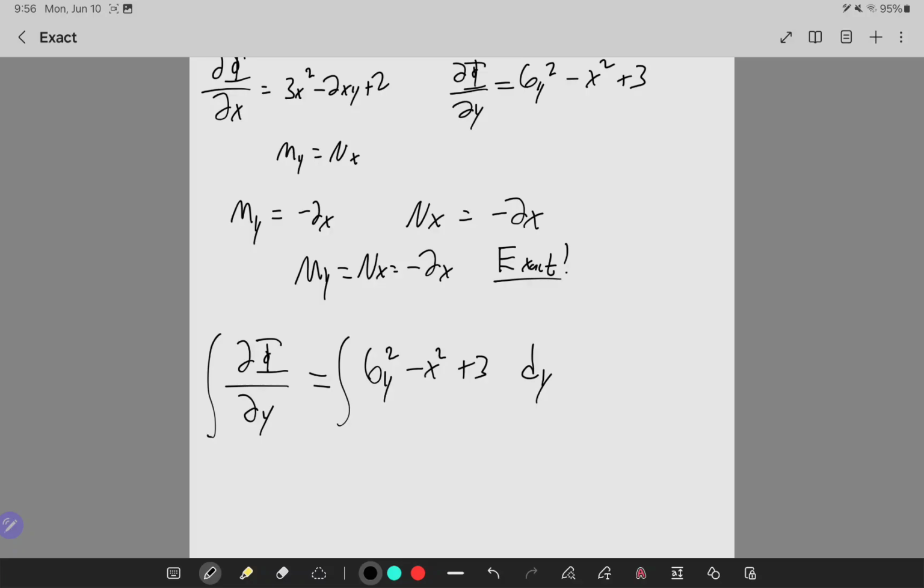You'll see how, remember I said in the last problem you have to integrate with respect to y? So this is a little trickier. This will become 6y cubed over 3, which is just 2y cubed, minus, and you see now, this x squared isn't going to disappear.